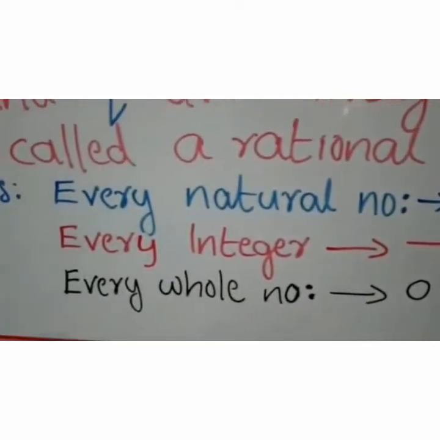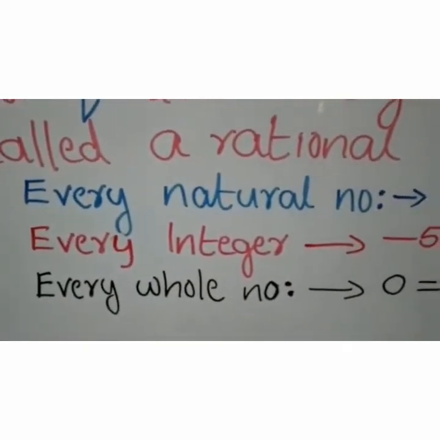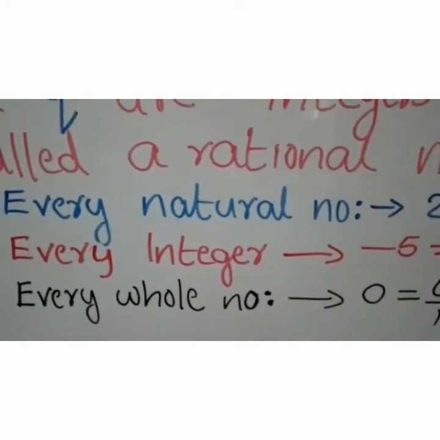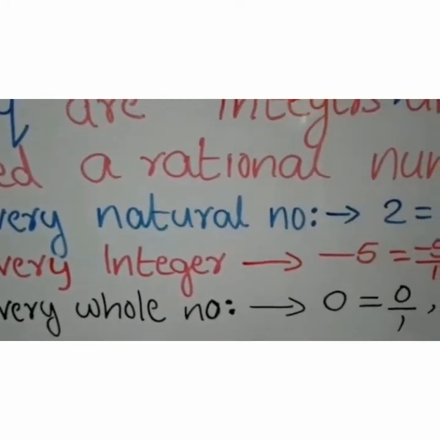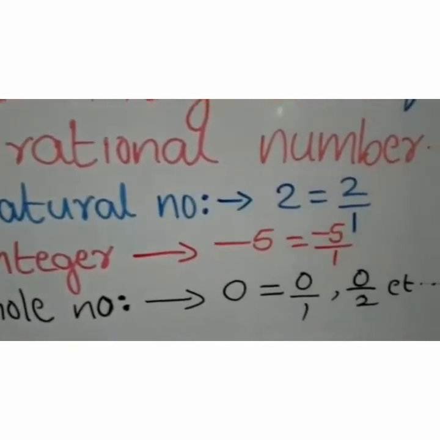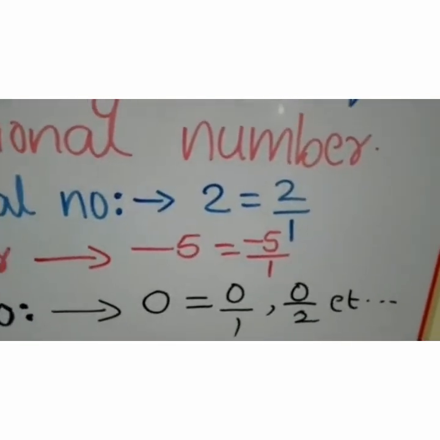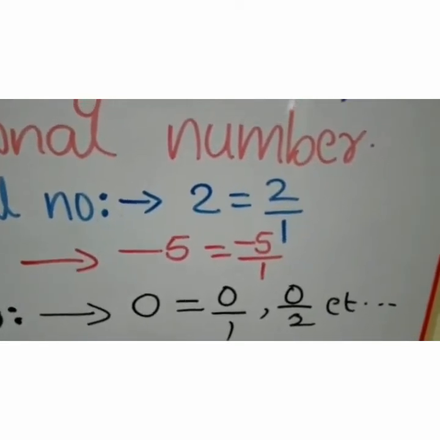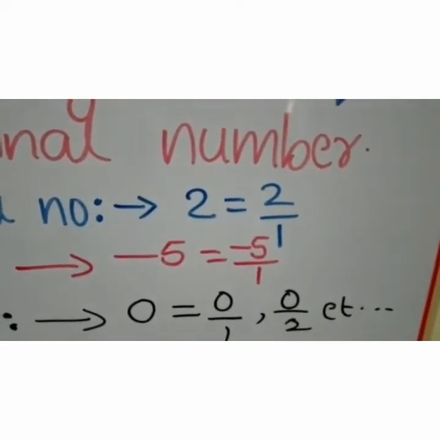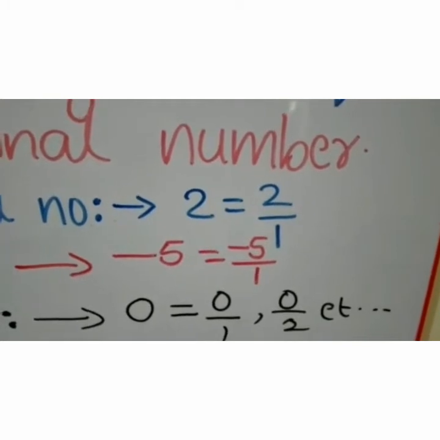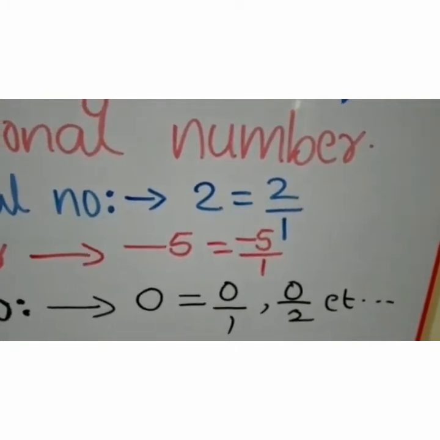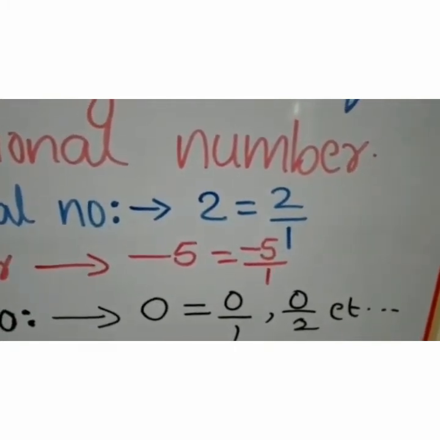Then every whole number. Whole number means 0 is also included. Whole number 0, 1, 2, 3, 4, etc. That is the whole numbers. So 0 you can write in the form 0 by 1, 0 by 2, etc. So 0 you can also express in the form of P by Q form.